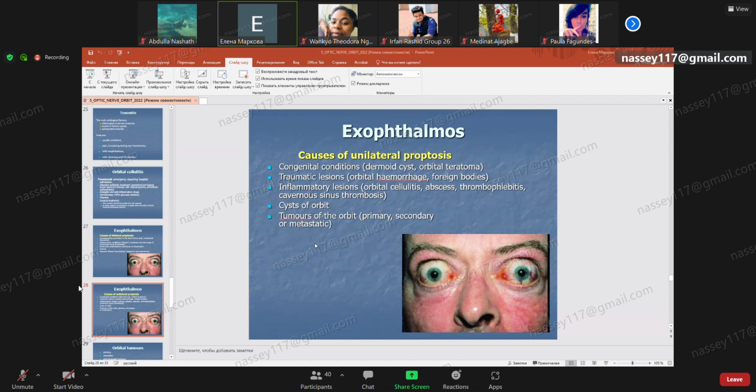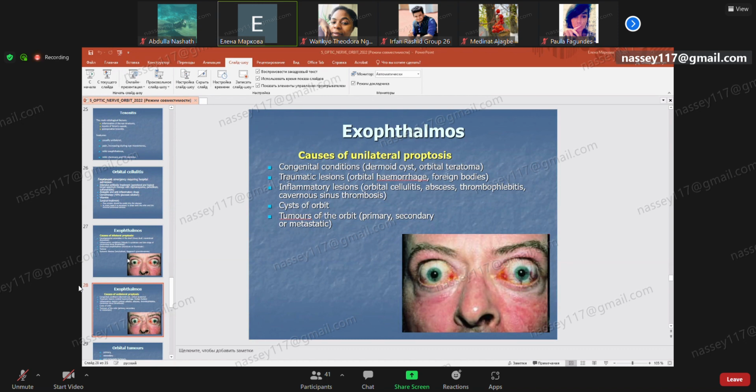Next, it may be inflammatory lesions: orbital cellulitis, abscesses, thrombophlebitis, cavernous sinus thrombosis. Sometimes it may be a cyst of the orbit, and in some situations we can find the primary reason, such as tumors of the orbit, primary, secondary, or metastatic. It may be benign or malignant tumors.